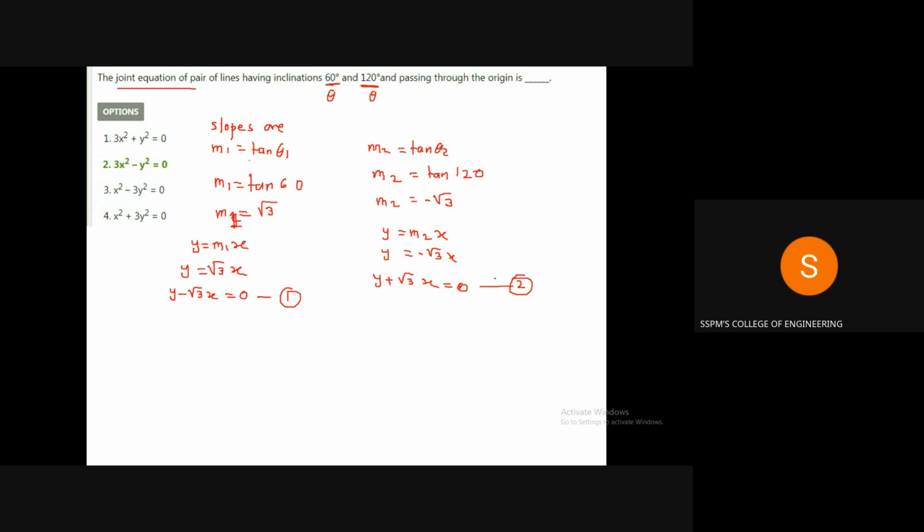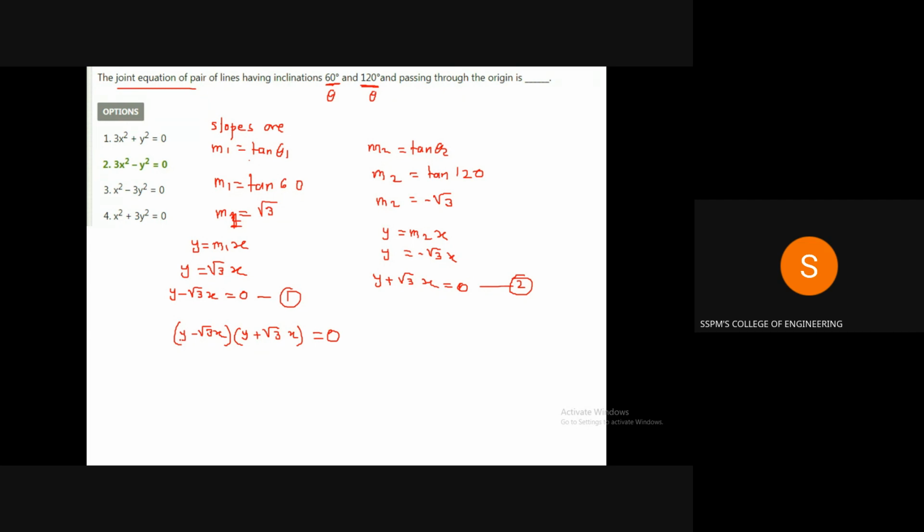Okay, so the first equation is y minus root 3x is equal to 0 and second equation is y plus root 3x is equal to 0. Now we have to find the joint equation. These are separate equations, so in order to find joint equation we will just multiply these two equations. Okay, so y minus root 3x into the second equation, that is y plus root 3x is equal to 0.